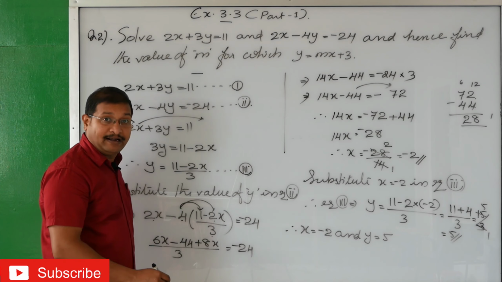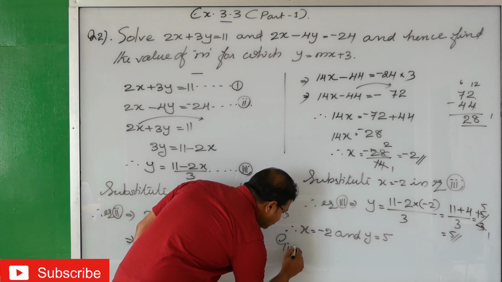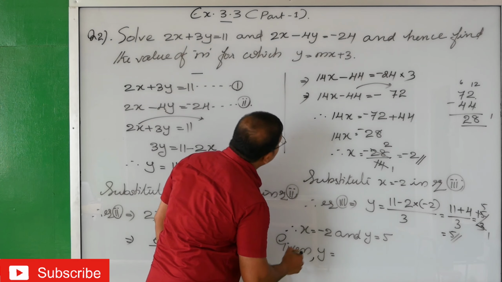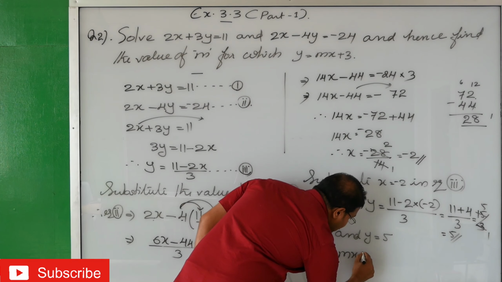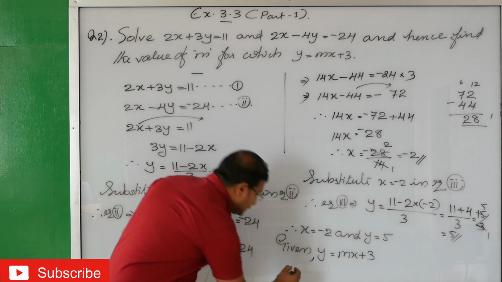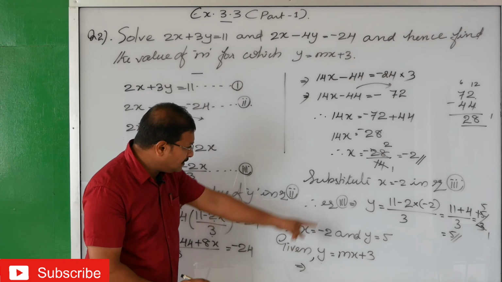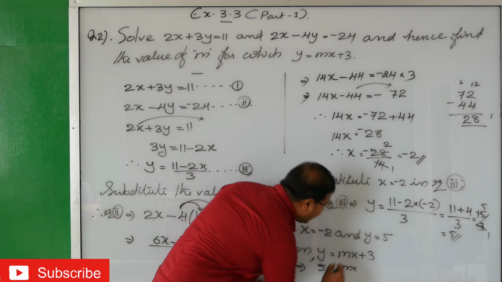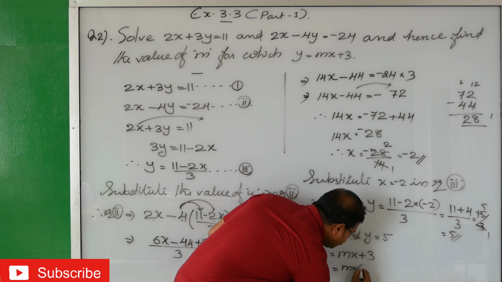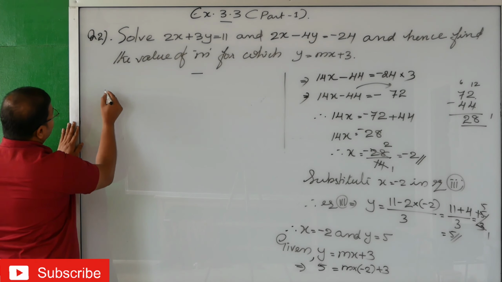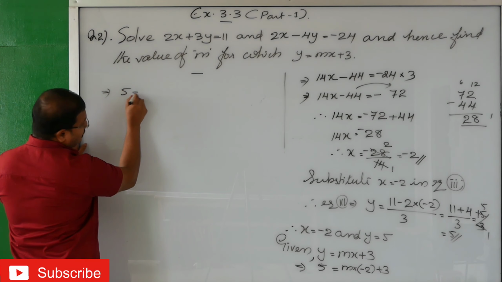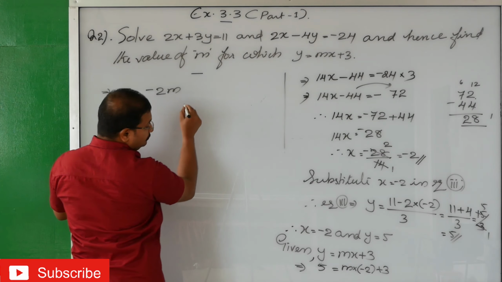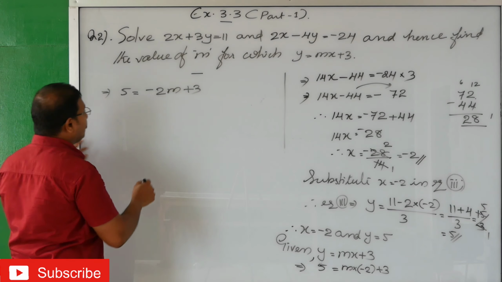But already given, what is given? Given y equals mx plus 3. Ready? This implies, in place of y, what can you write? In place of y, we'll write 5. That means 5 equals m into, in place of x, what can you write? Minus 2, plus 3. This implies 5 equals minus 2 into m, means minus 2m plus 3. Ready? After that, what will we do?